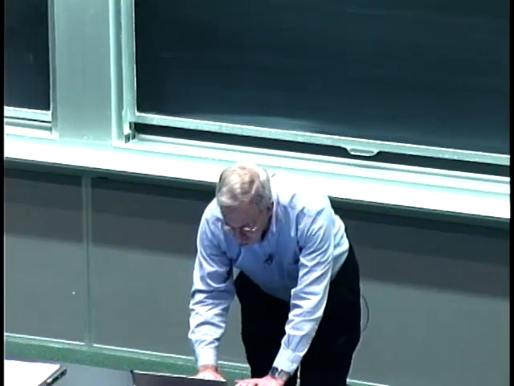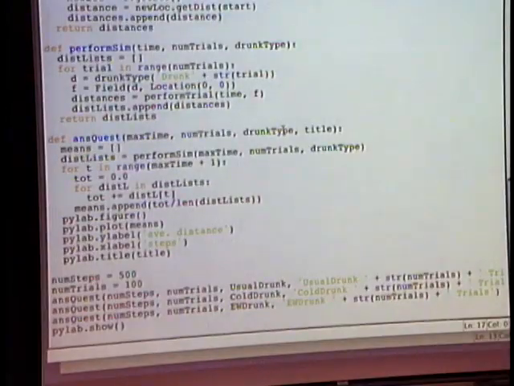Okay. One thing we do need to look at down here is it's not quite the same as before, because we'll see that there's an extra parameter to these things called drunk type. So if we start with answer question, it takes as before the time, the number of trials, a title, and this one extra thing called the drunk type.